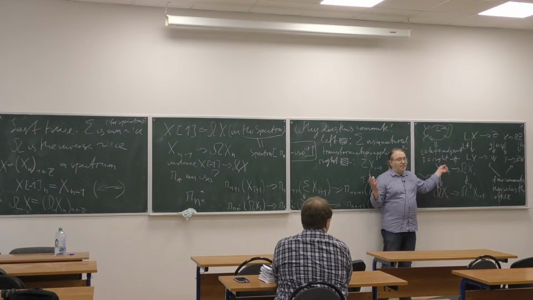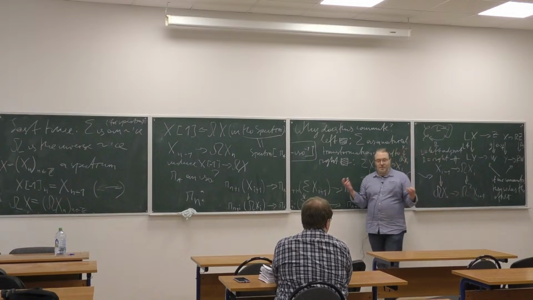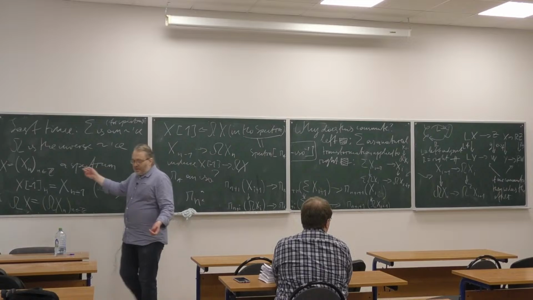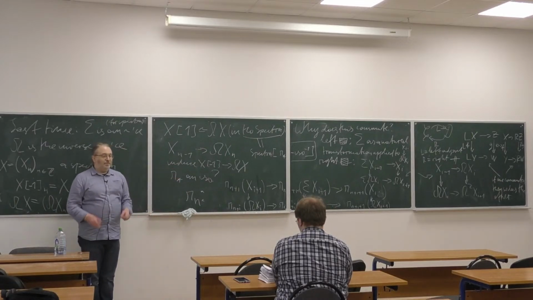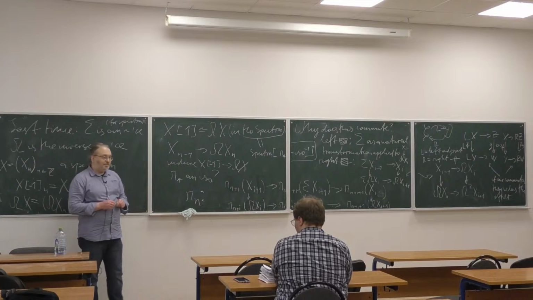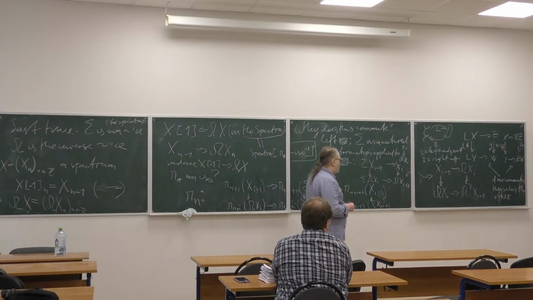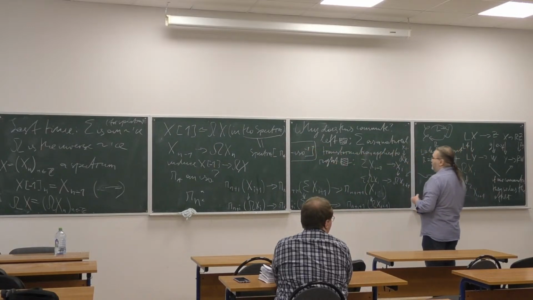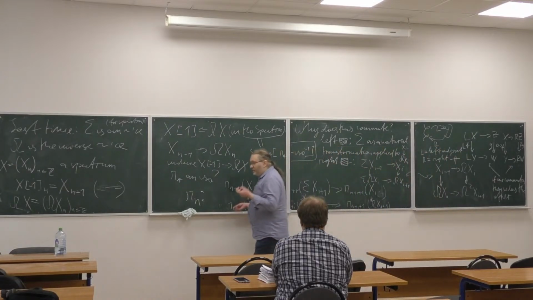There is just one natural map from X_{i-1} to the double loop space of X_{i+1}, which follows from the data we're given. Okay. Are there any questions?